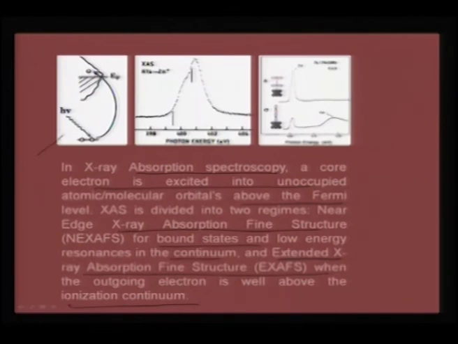As you see from this view graph, the electron is knocked out and it is going above the Fermi level, but it is not going into the continuum. So, this is one of the bound states, and depending on that, you will get a typical characteristic feature of X-ray absorption, which will tell what sort of excitations are possible.